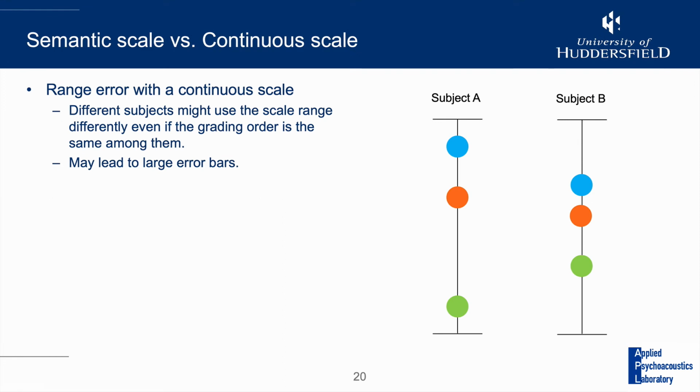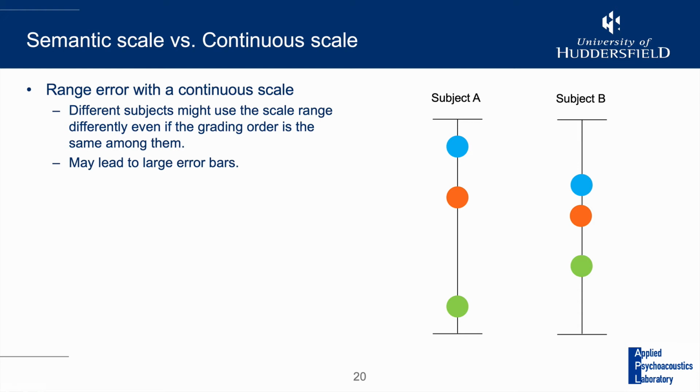A potential error that could occur with a continuous scale is a range error. It's because different subjects would likely grade the stimuli in different ranges, even if the grading order is the same, as seen in this example. This could lead to large error bars and the statistical power will be reduced, which means the real difference between different conditions may not be revealed in the statistical analysis.